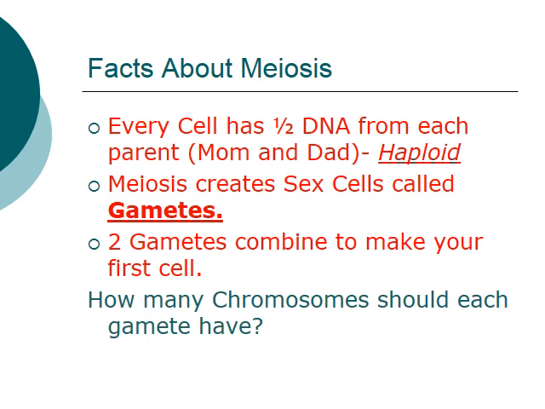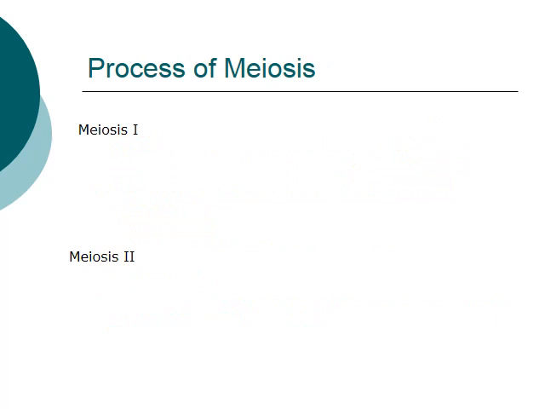So in order for us to have viable, healthy babies, each gamete, the egg and the sperm, should only have half of those chromosomes. So what's half of 46? 23. I know, very difficult math.